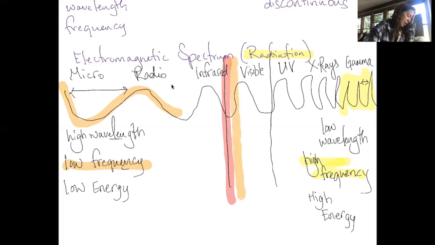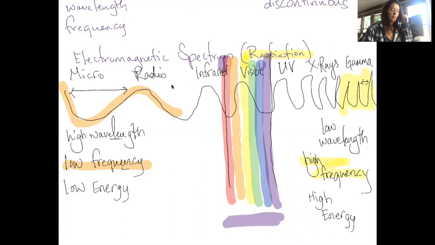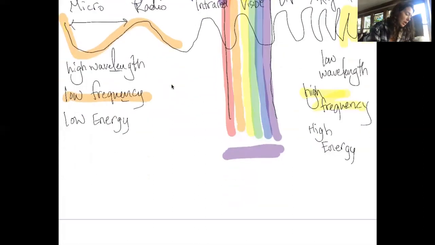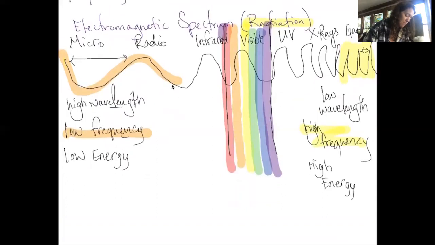And our eyes, red, orange, yellow, our eyes can see radiation that has wavelengths, frequencies, or energies that fall within this range, right? If they're between these values here, then our eyes can see them. There's all these others going on around us, but our eyes cannot pick up those wavelengths and frequencies, okay?